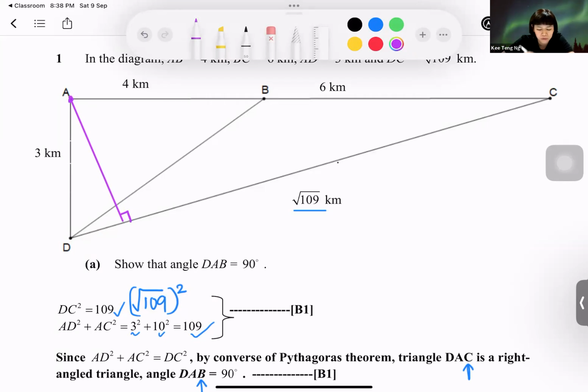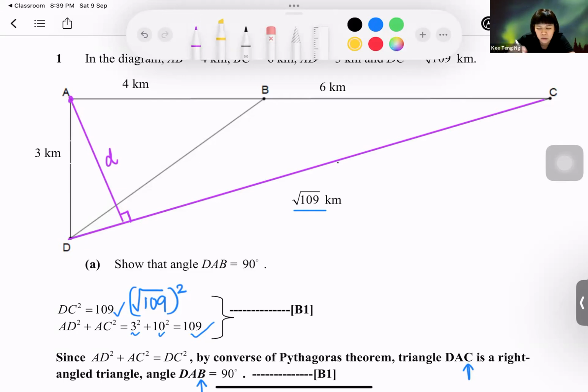Currently, if I have this as my height of the triangle, this will be the base of my triangle. So I'm going to find this height, I call d as the distance.